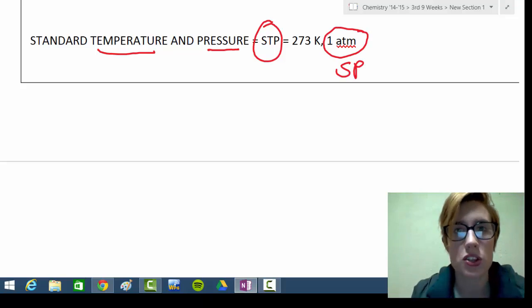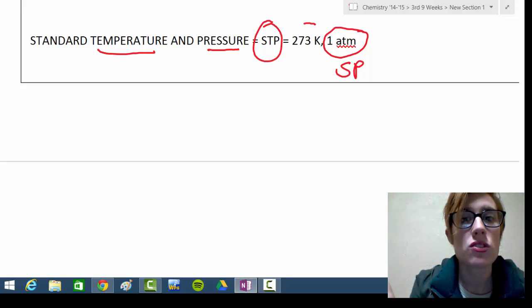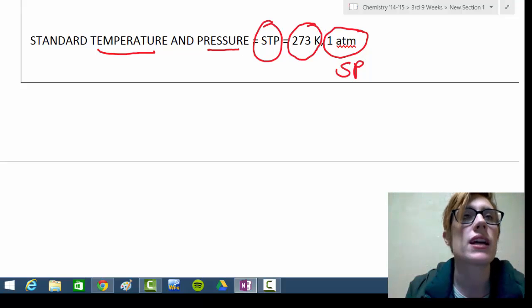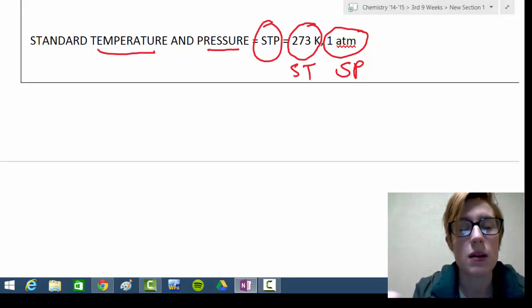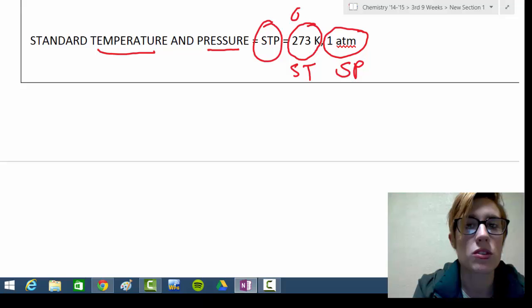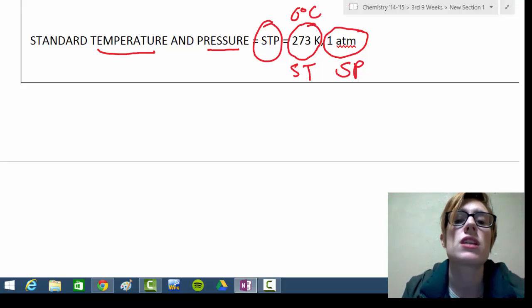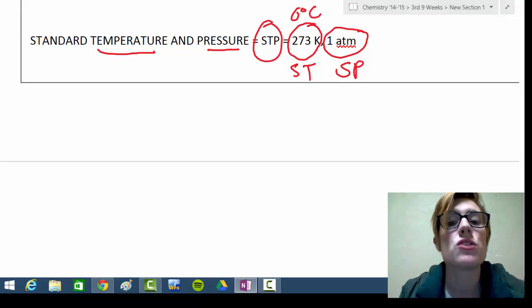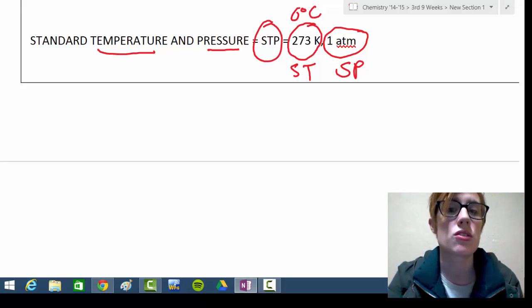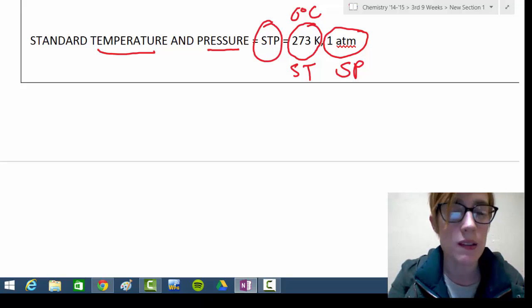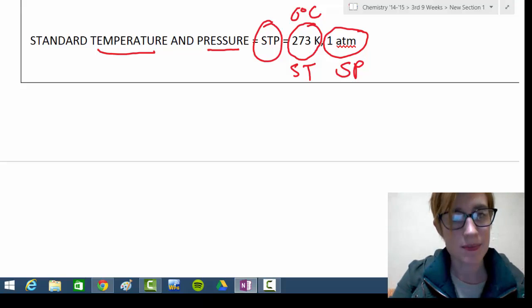That's the normal pressure under normal conditions. 273 Kelvin is your standard temperature. Also, that would be 0 degrees Celsius. That's your standard temperature, and 1 ATM is your standard pressure. So anytime it says standard temperature and pressure, it's talking about 0 degrees Celsius, or 273 K, and 1 ATM.